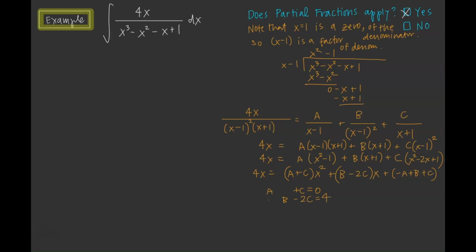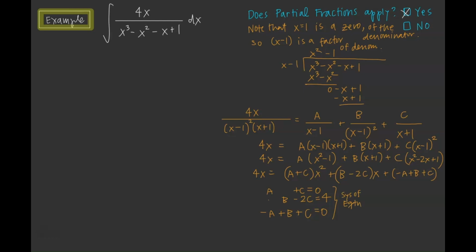That's just from the coefficients of the x term on the right and the coefficient of the x term on the left. And then I have no constant term over here. It's 0. And so this all has to equal 0 here. So negative a plus b plus c equals 0. Okay, so this is a 3 by 3 system of equations that we need to solve.